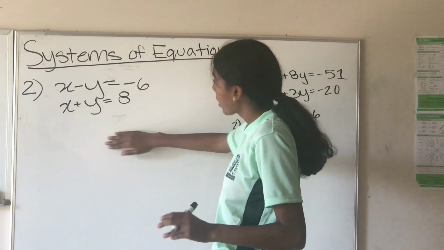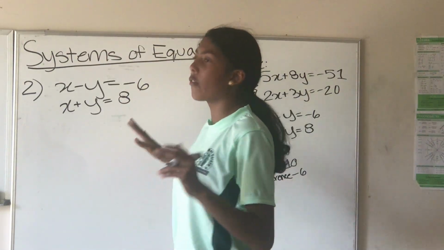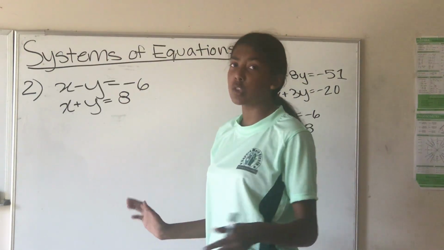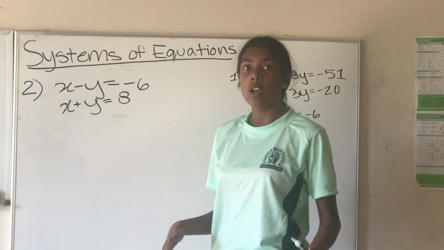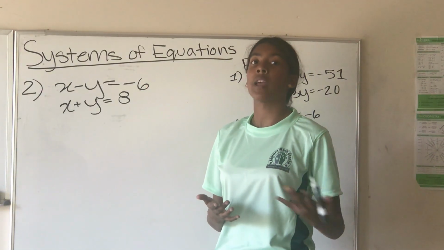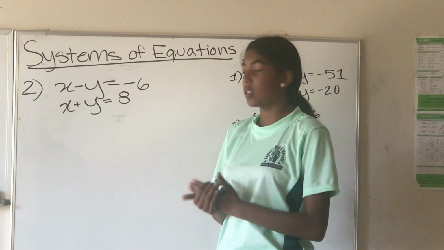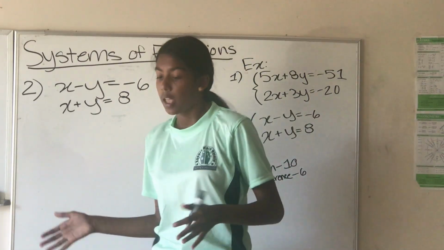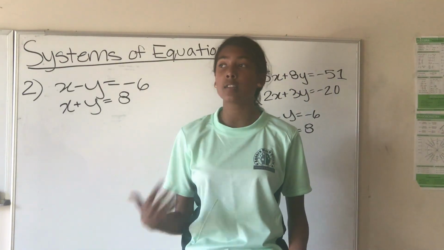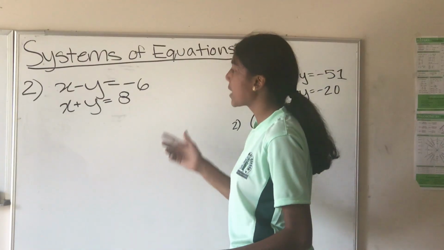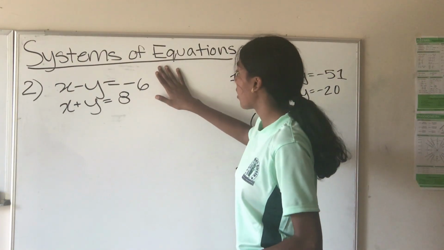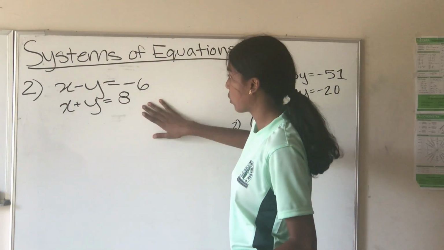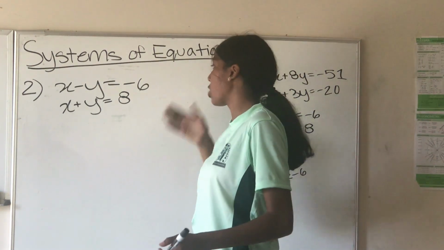For this one, we want to solve for one variable first, and the best way to do that is through elimination. To do elimination, we must eliminate one of these variables. If we need to, we can multiply or divide any one of these equations by a certain number, and then add or subtract the two.